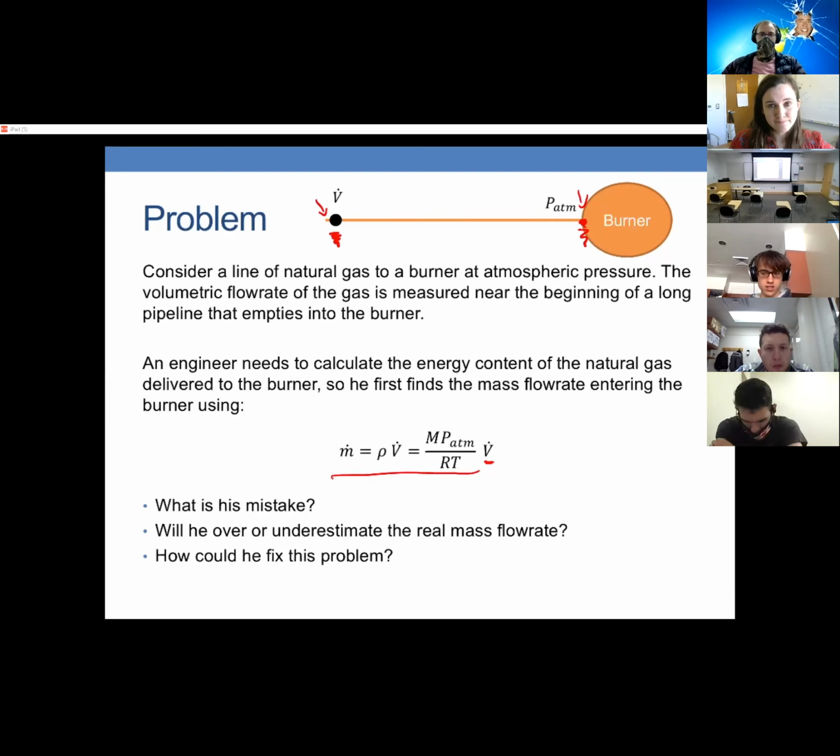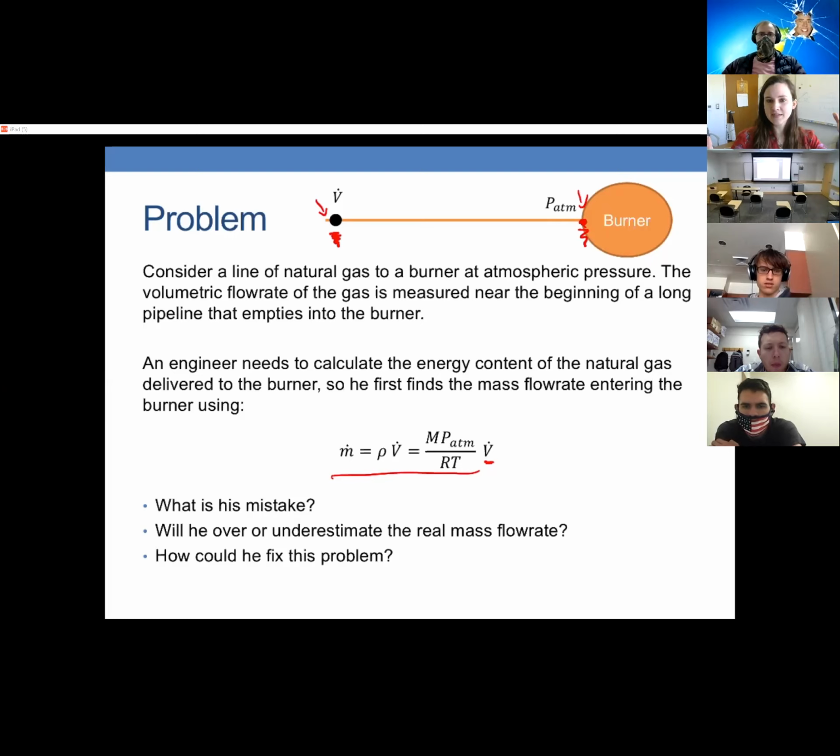So I'm thinking that he overestimated the mass flow rate. Probably yes. There's a little bit of wiggle room because the volumetric flow rate might change, but the most common thing is he overestimates the mass flow rate, which means that they might not be getting as much mass as they need, and they might not be getting as much energy out of this burner as they think they should, and they don't know why. And the reason why is that they're not giving it a mass flow rate.